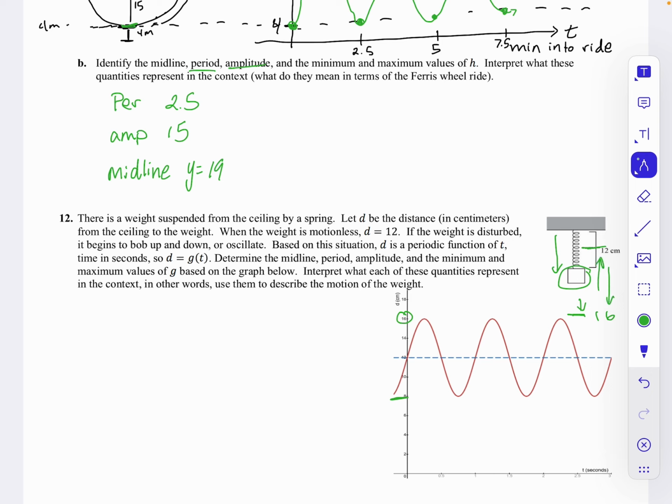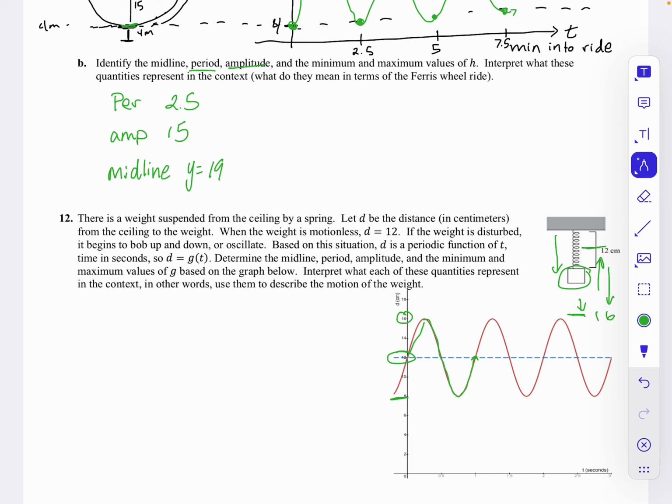In this particular case, the midline, which is at 12, would be the distance the weight is away from the ceiling where it begins, where there's no force applied to it whatsoever. You could think of it as the middle height of the weight from the ceiling. Then in 1 second, it goes through one full rotation, where it moves away from the ceiling and then comes back toward the ceiling and makes it back to that resting position in 1 second.